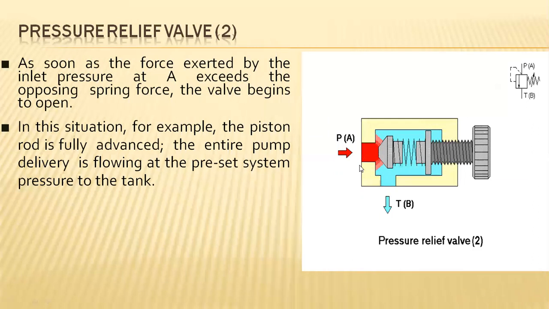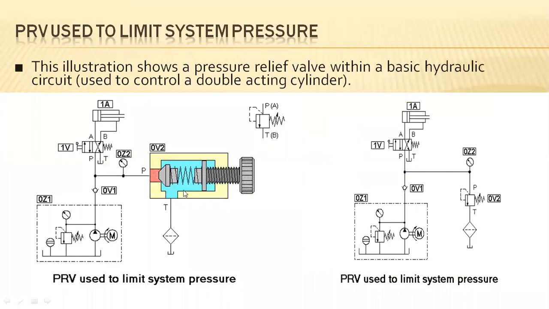So if 4 bar of fluid is pumped from the motor, the additional pressure will be entering towards this and the plunger will be getting contracted. That is the compression state, and the fluid having additional pressure will be let out to the oil reservoir. So that is the condition.